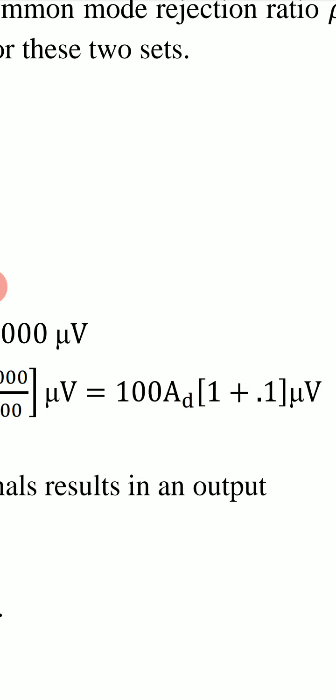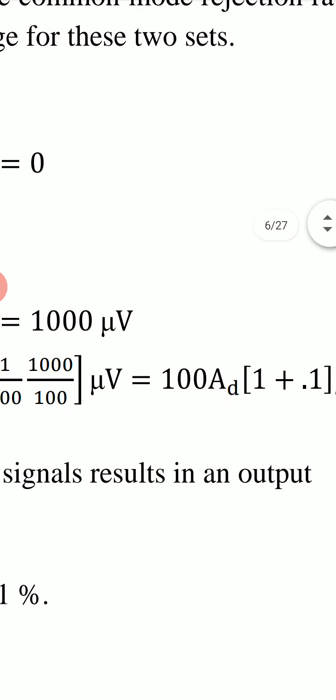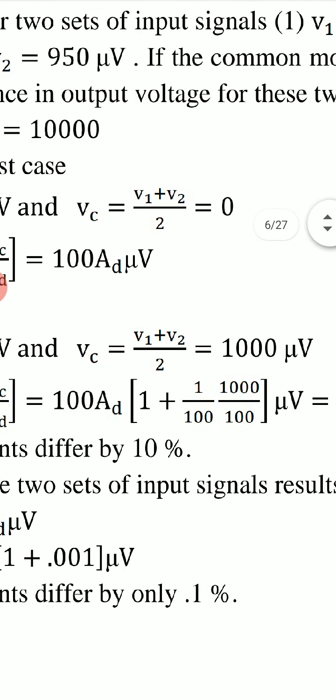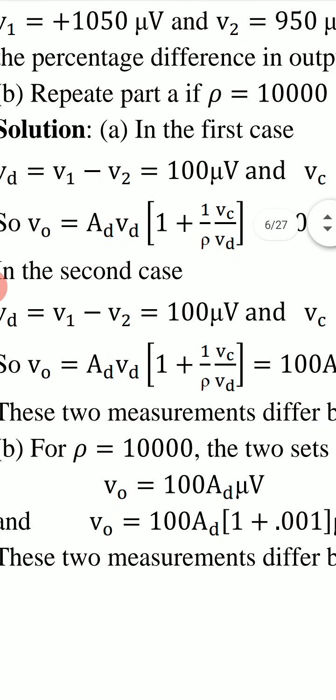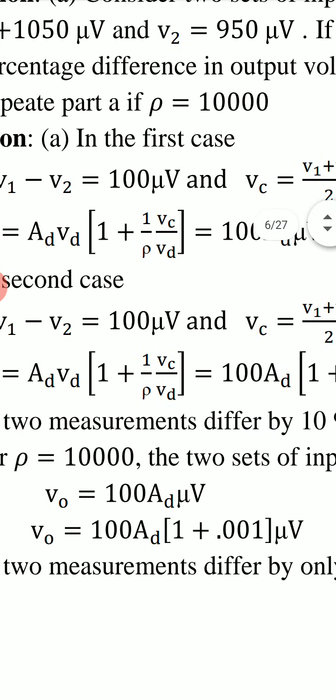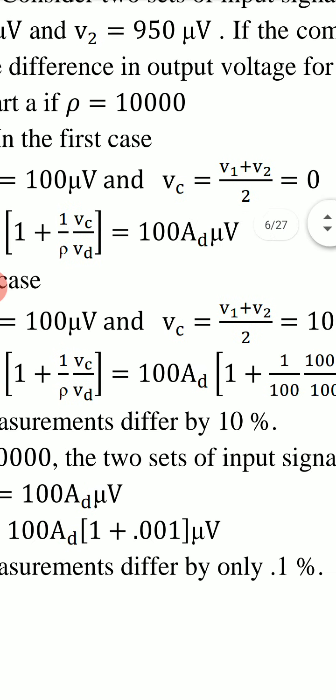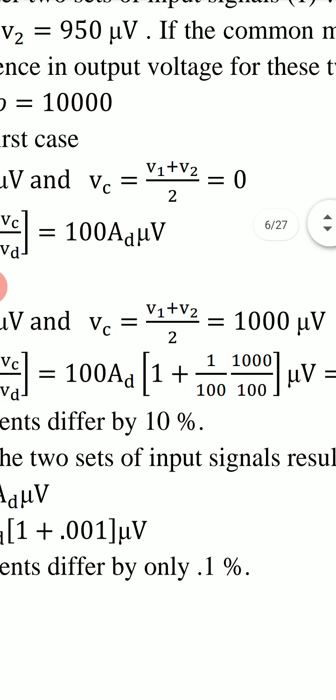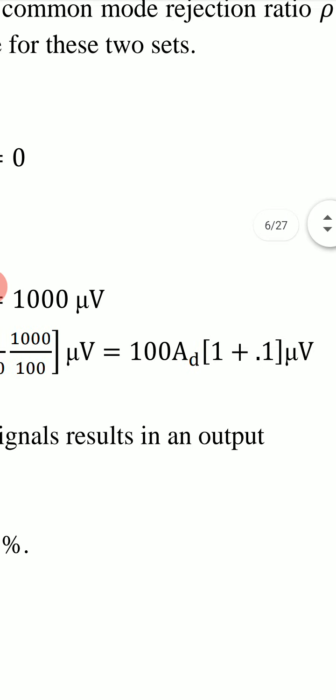In the first case, the output voltage Vo was equal to 100 Ad. Now it is 100 Ad into 1 plus 0.1. So this output voltage will differ by 10%.